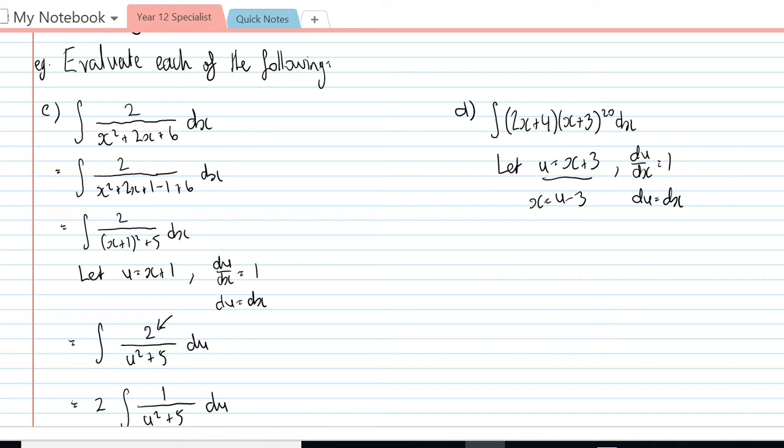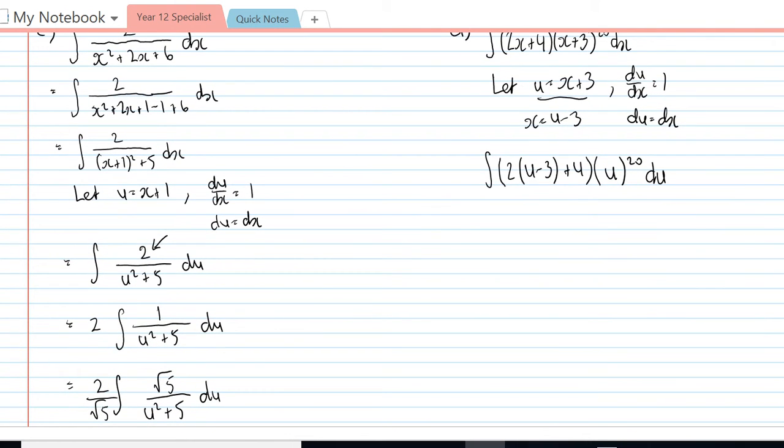So now I'm going to make this substitution back into the original problem. So I'm going to have 2 lots of x, which we said is u minus 3, plus 4, and then I've also got u to the power of 20 dx. Oh, whoops, we said that dx was du, so I can just make that du straight away.